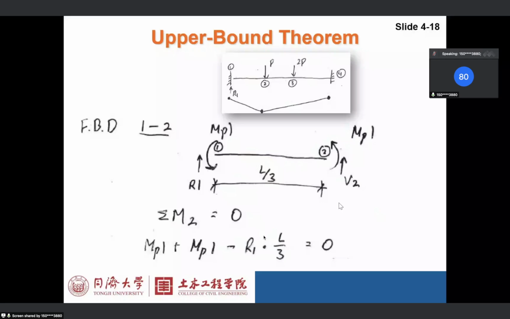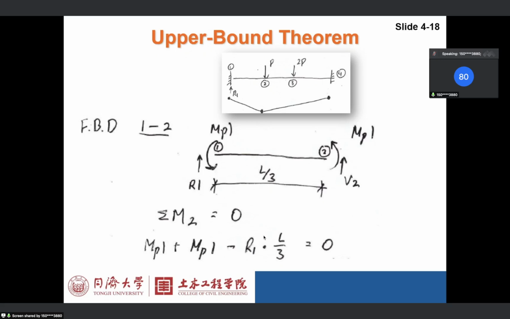What we can do, we have different ways. We can isolate 1, 2. But anyway, you remember the first step we need to do is getting the reactions, right? Do you remember when you were solving problems for statically determinate or statically indeterminate beams in your undergraduate courses?